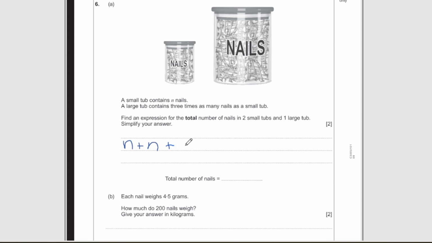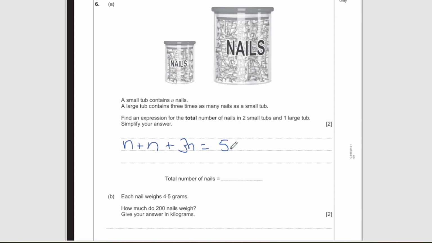So we're doing n times 3, or 3n. So n plus n plus 3n. We can simplify this because the letter is the same. We've got like terms, so we can collect the like terms. When there's no number there, we can see it as 1. So 1n plus 1n plus 3n. 1 plus 1 plus 3 is 5.